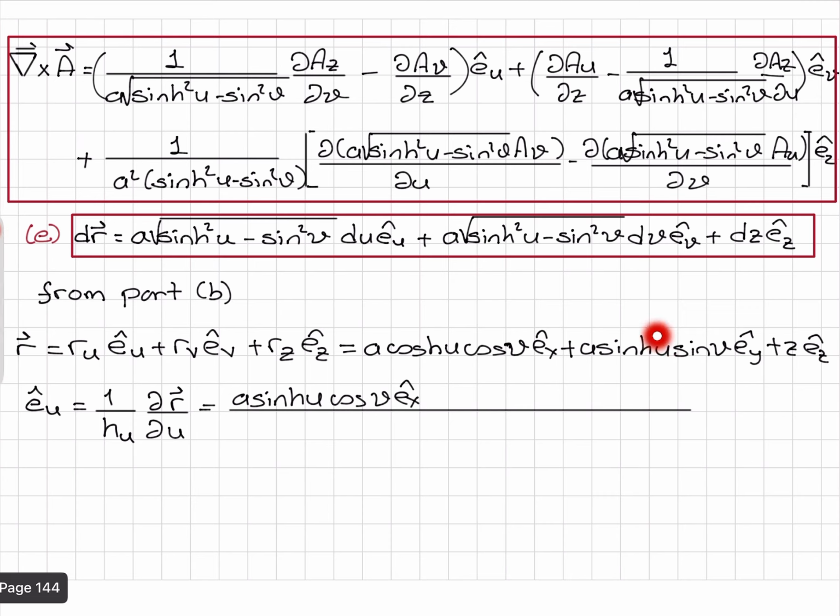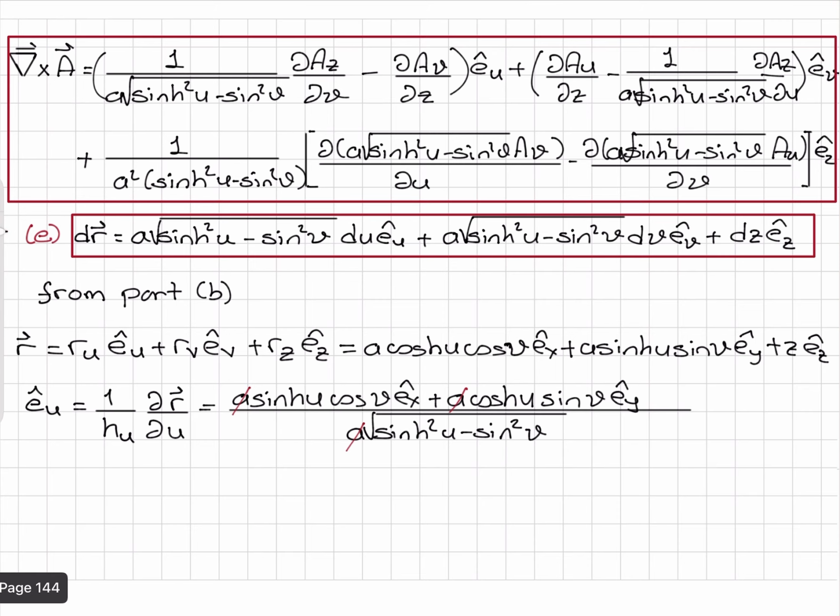The second term I have sinh, derivative is cosh, plus a cosh u sin v e_y hat, and there is no u in the z term. This is going to be divided by the scale factor a times the square root of sinh squared u minus sin squared v, and you can see that the a's will cancel here. And this is going to give me my e_u hat direction.